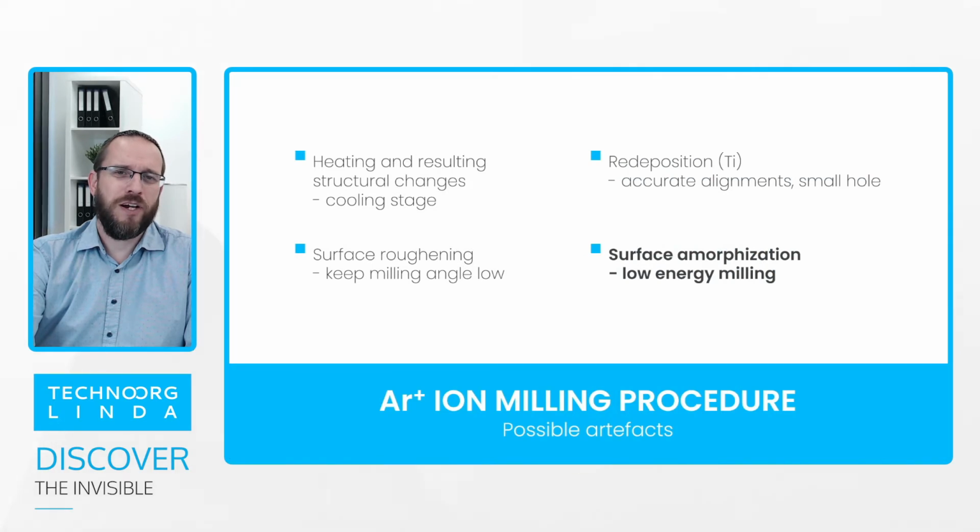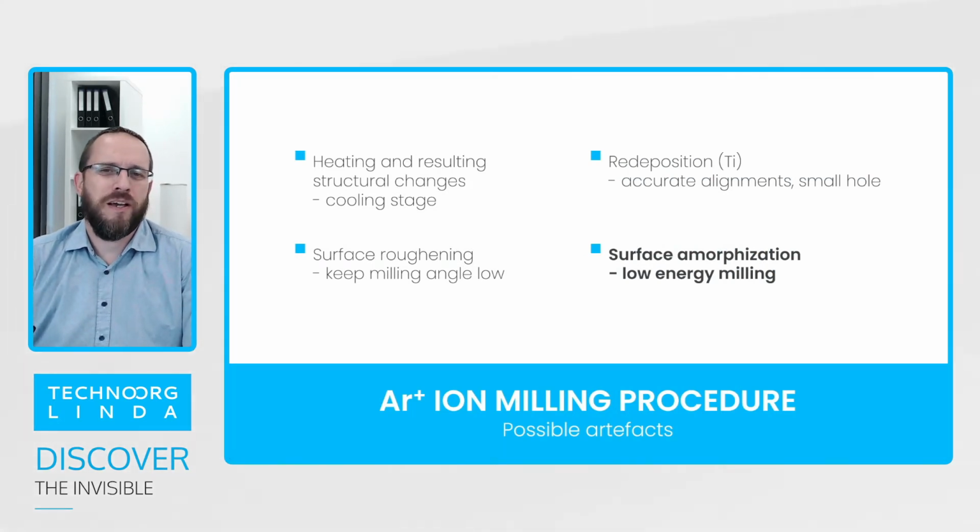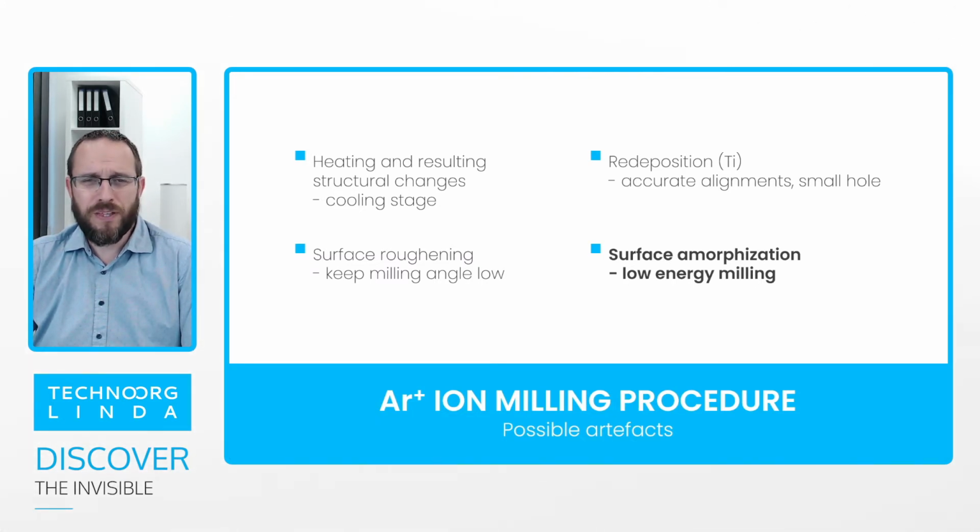Now, if you are ion milling, you are encountering common artifacts. Some of those can be avoided and some of those need to be dealt with. So heating and the resulting structural changes, that's a very common artifact in argon ion milling.